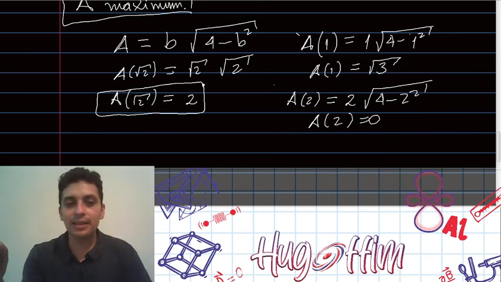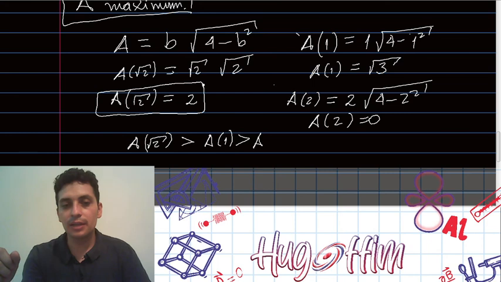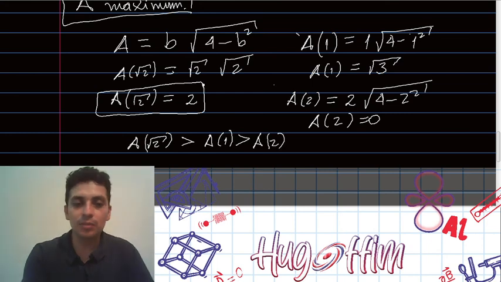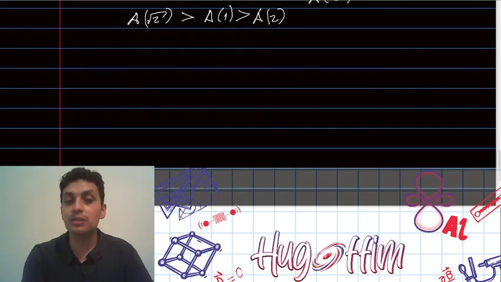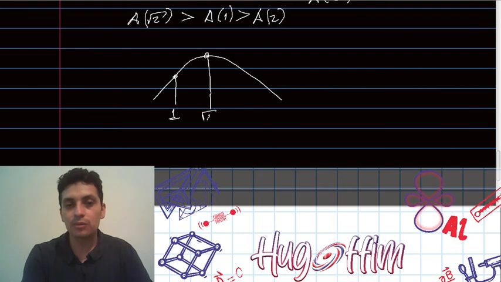So look at that, area at root of 2 is greater than area at 1 and is greater than area at 2. So it means that this function, if it's smooth, is in this form. We have here 1, we have here root of 2, and we have here 2, right?